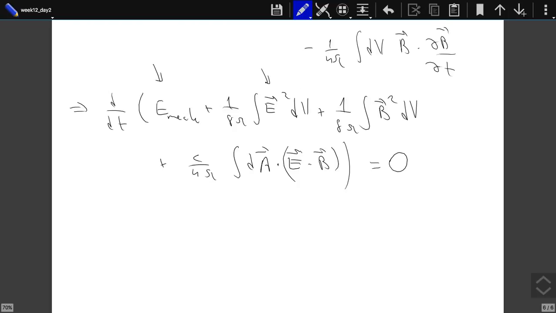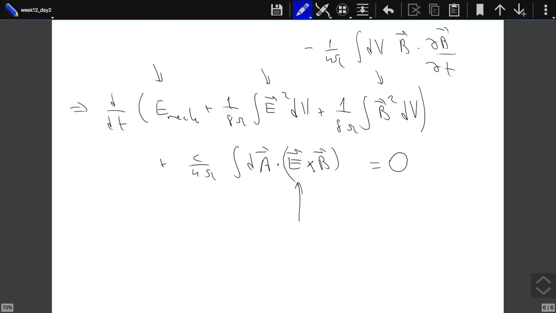This is the energy stored in the electric field. This is the energy stored in the magnetic field. And since this is a conservation law, any change in my total energy is due to this flow of E cross B.